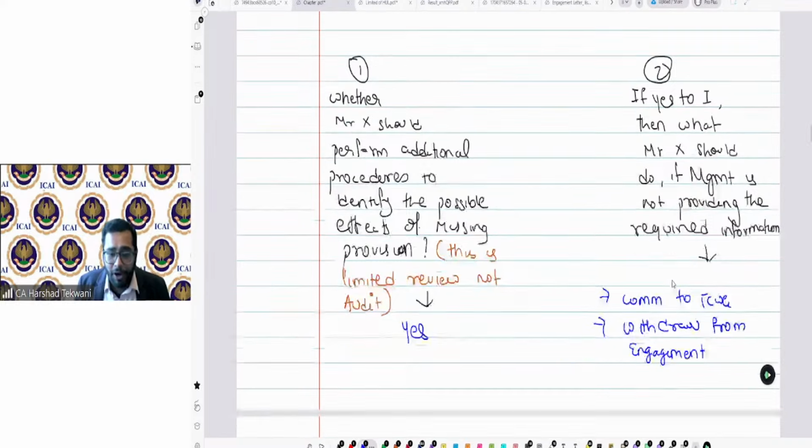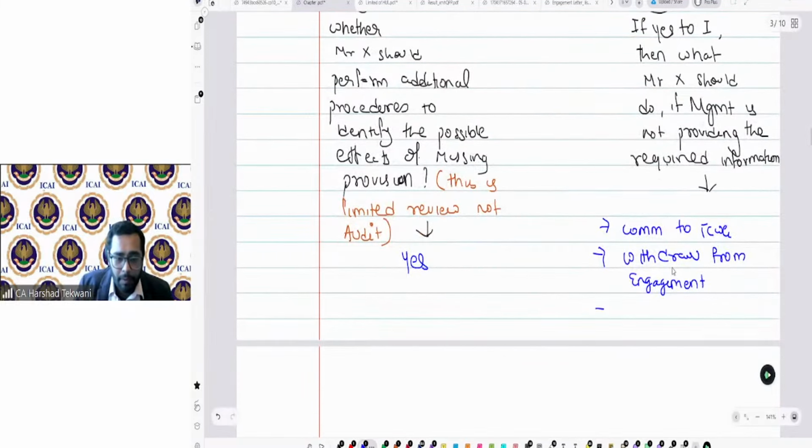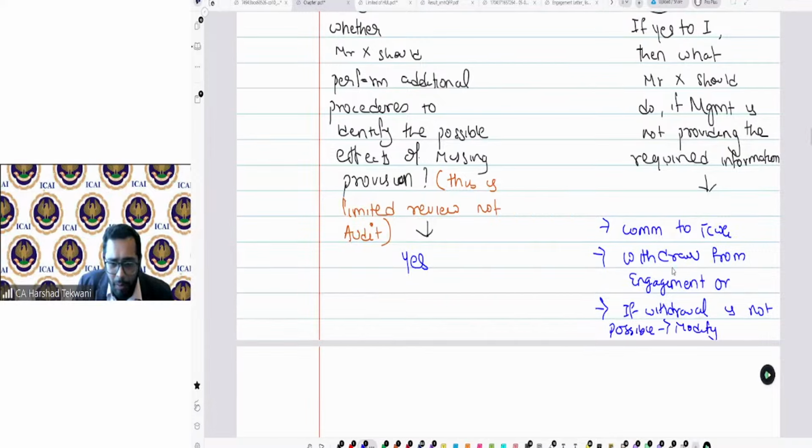And if withdrawal is not possible, then modify the conclusion.